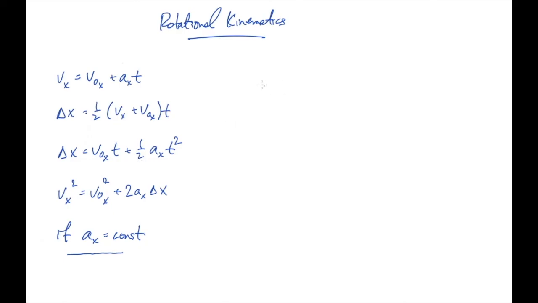So that instead of velocity v, we'll end up with omega, and instead of acceleration a, we end up with alpha.